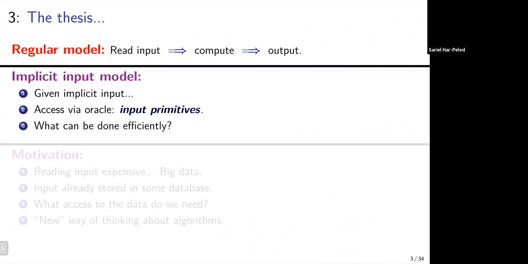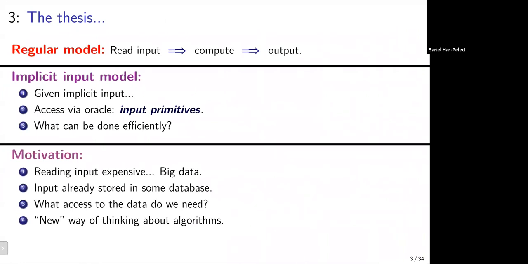Think about it as being stored maybe on a database or available through some library calls, and you have some input primitives that enable you to read some portion of the data, and you want to compute something, right?